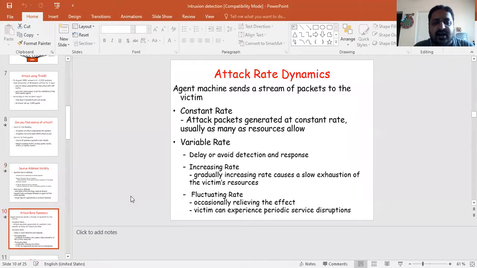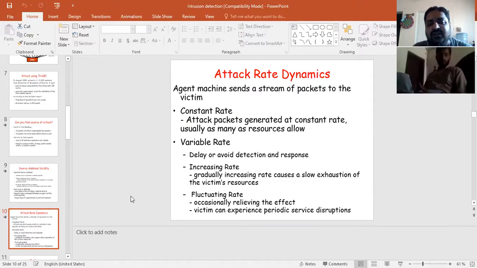And there are different dynamics of the different types of attack. For example, as we have discussed, if there's a distributed network, the different agents are involved to launch different attacks on the system. It can have a different rate of attack.